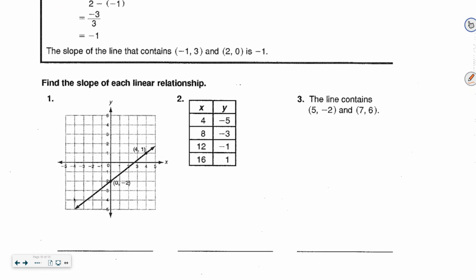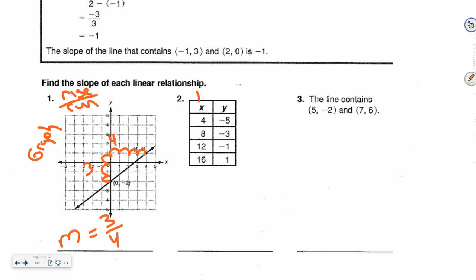Again, for my first one, I'm given a graph, so I can do rise over run because I have a graph. So 1, 2, 3, then 1, 2, 3, 4, 3 over 4. So my m is 3 over 4.